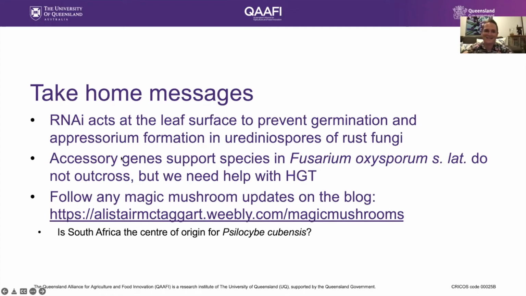We think that the accessory genes do not support reproduction among species. And then you can follow any of my magic mushroom work at the blog. And I reckon, gosh, imagine if Psilocybe cubensis is native or South Africa is the center of origin. That would just be so cool to know. Maybe one of you can do it.